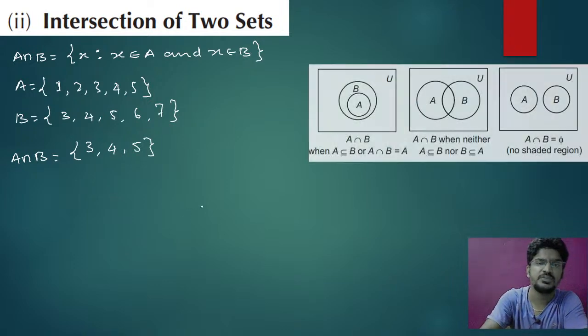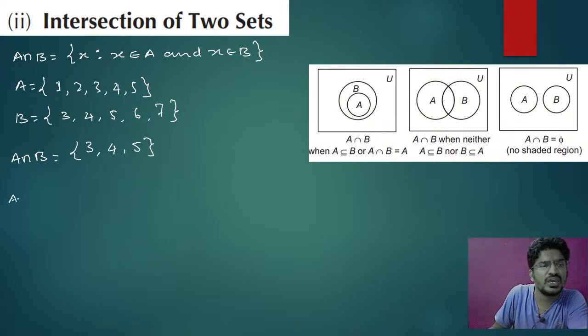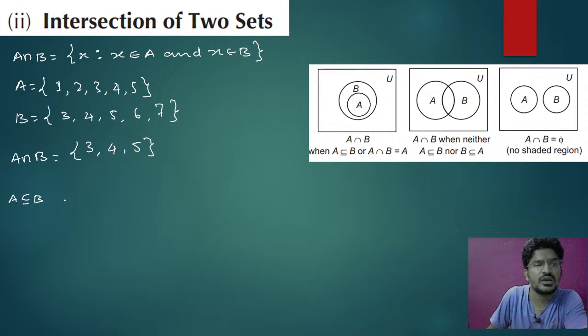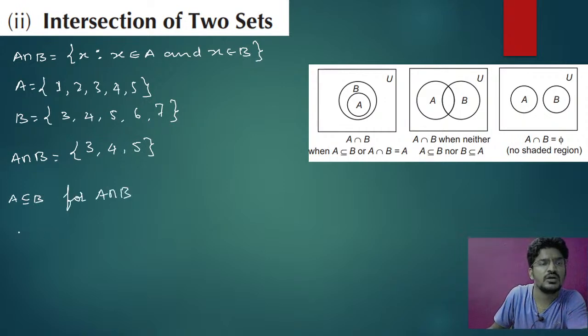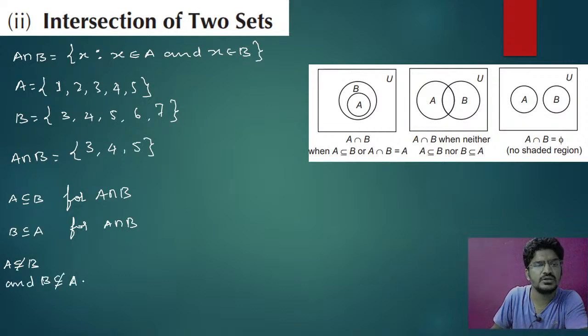Okay. So now we can go for the next concept, that is what happens to A intersection B if A is a subset of B, and what happens to A intersection B if B is a subset of A. Clear? In the same way, if A is not a subset of B and B is not a subset of A, what happens to A intersection B?